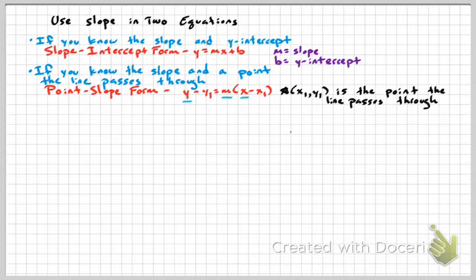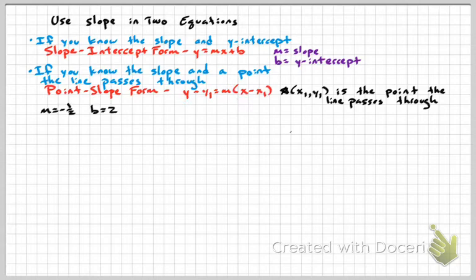We plug our numerical values in for the m, the x1, and the y1. So the x1 and the y1 is the point the line passes through, and the m is the slope of our line. Sorry, didn't mean to confuse you guys.